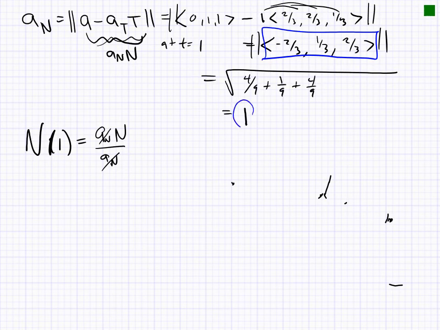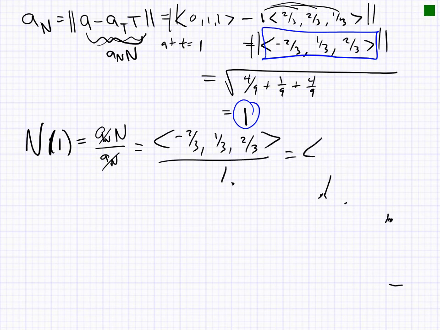And a sub n itself was 1. And so if we take this vector, negative 2/3, 1/3, 2/3, and divide it by 1, we get that same vector again. And so that is n of 1.